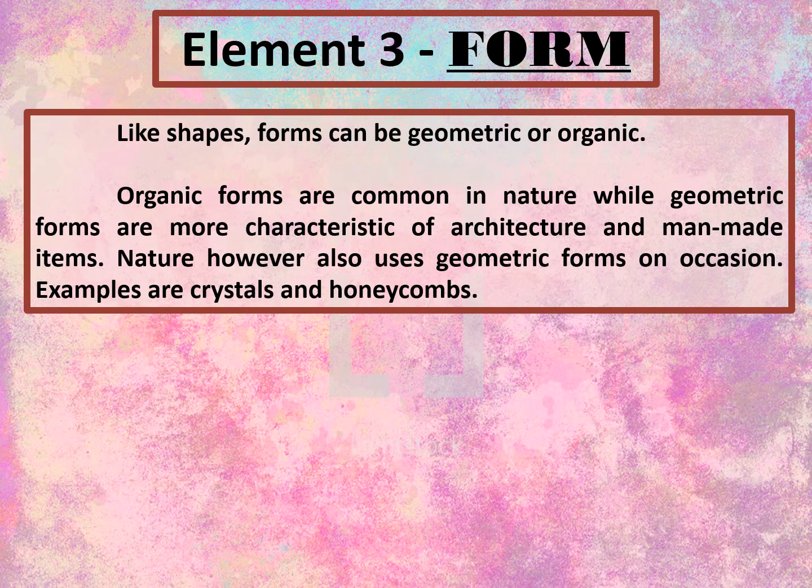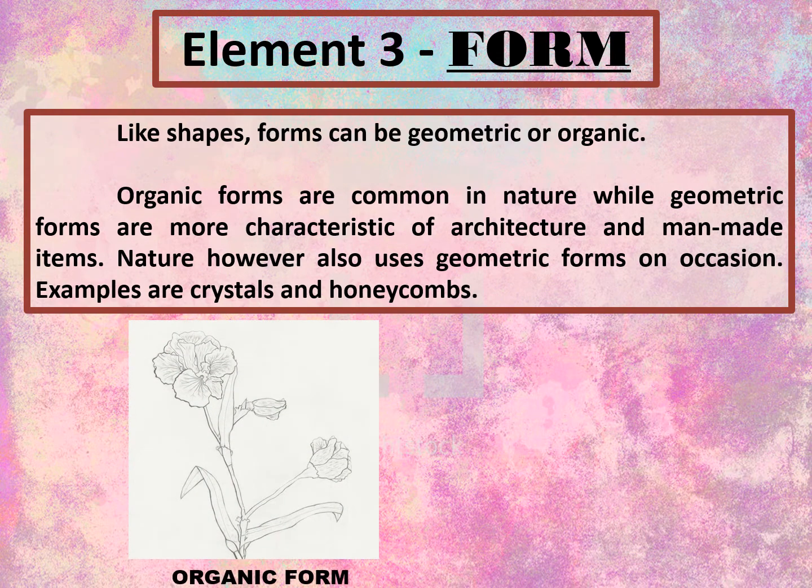So organic forms are common in nature. Ito yung mga nakikita natin sa paligid. While geometric forms are more characteristic of architecture and man-made items. Nature, however, also uses geometric forms on occasion. Examples are crystals and honeycombs.